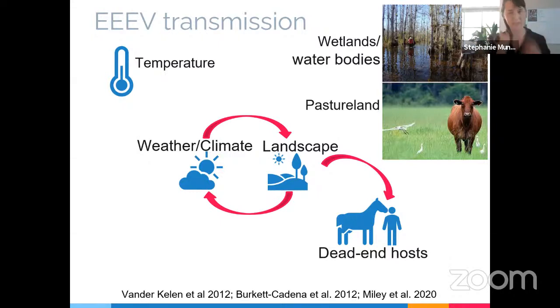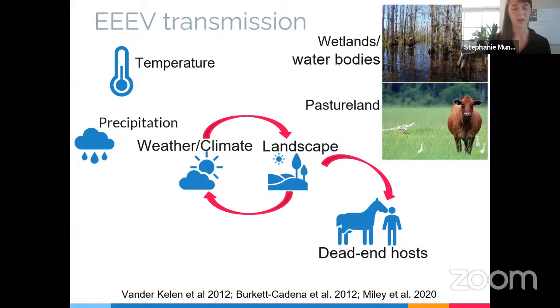In Burkett-Cadena et al. 2012, they found that very harsh winters will push back the timing of bird breeding, and that in turn pushes back the timing of host shifts. So the temperature in the preceding winter months can determine the timing of EEE amplification in the spring and summer.